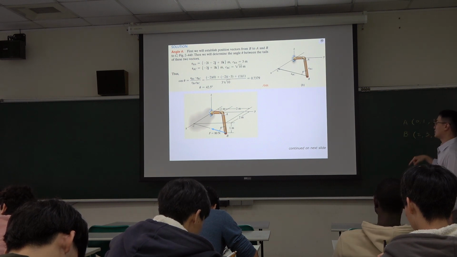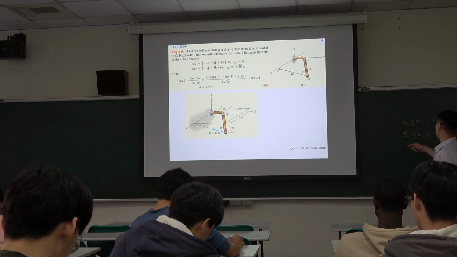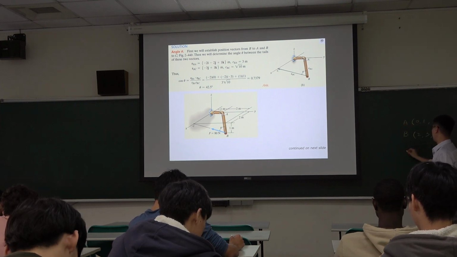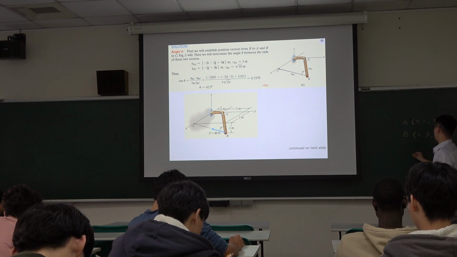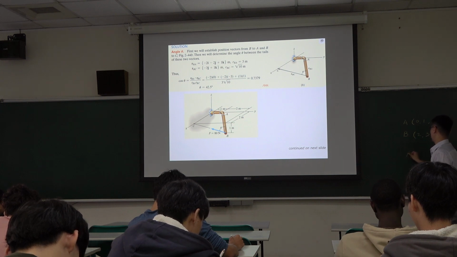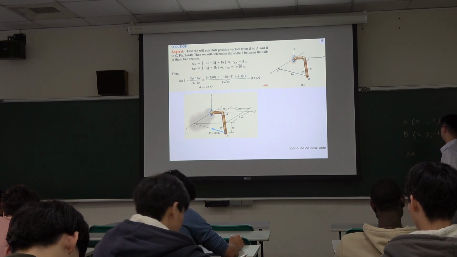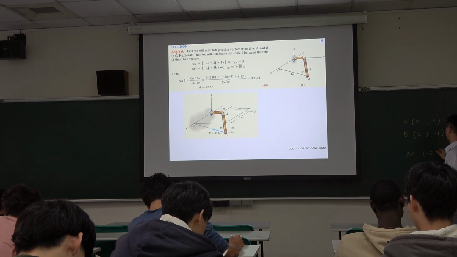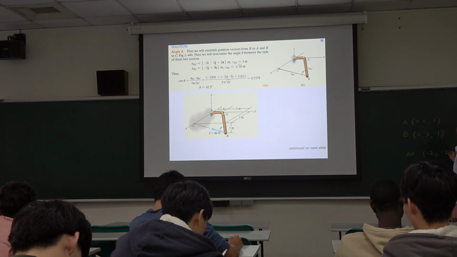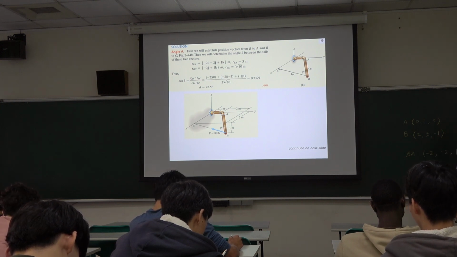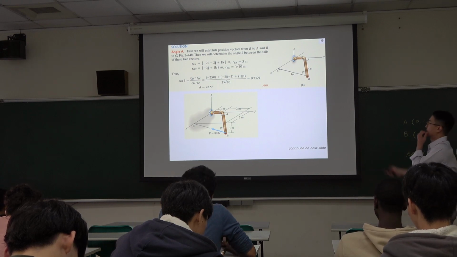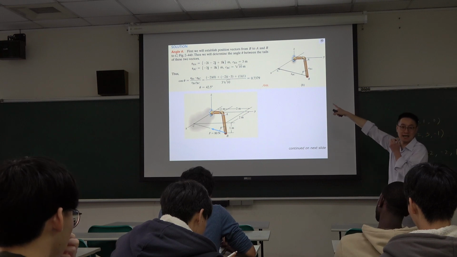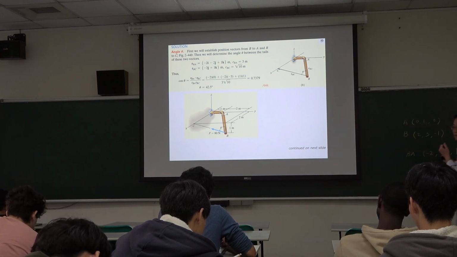So from B to A, it should be A minus B. So it's negative 2, negative 2, and 1. Okay?